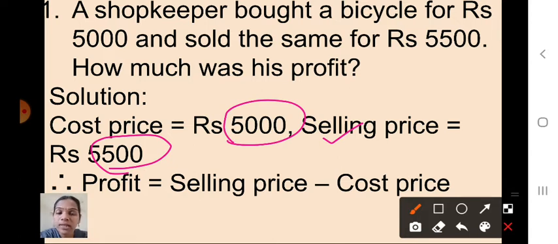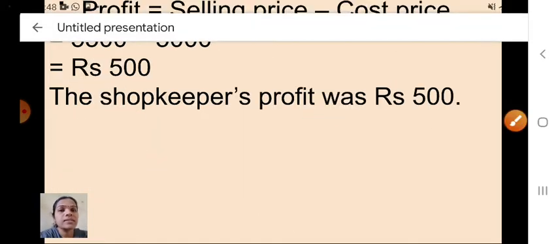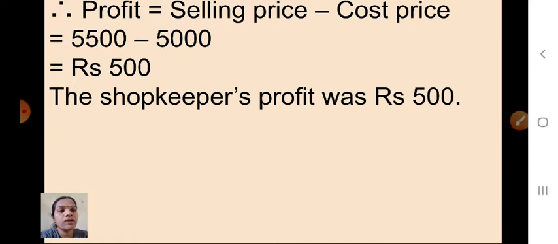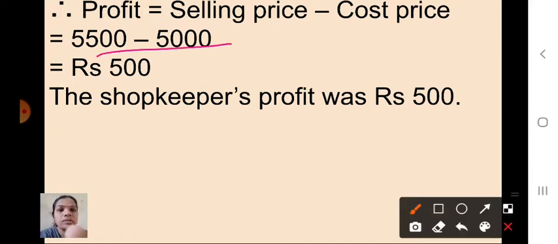So for profit, what is the formula? Very good, selling price minus cost price. That means 5500 minus 5000. So what is your answer? Yes, see here children, 5500 minus 5000, so your answer is 500 rupees. So the shopkeeper's profit was rupees 500.